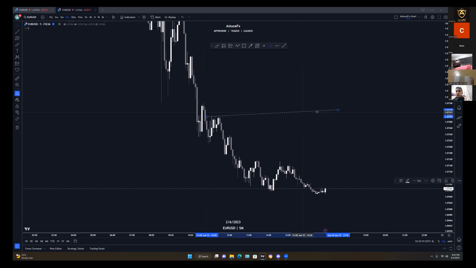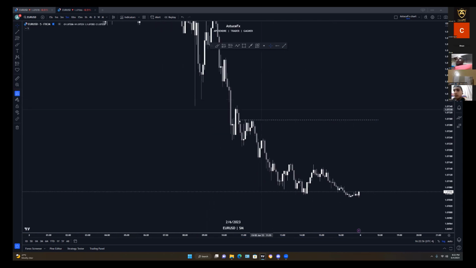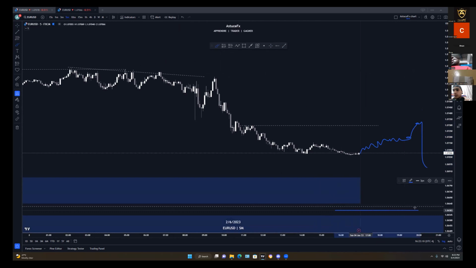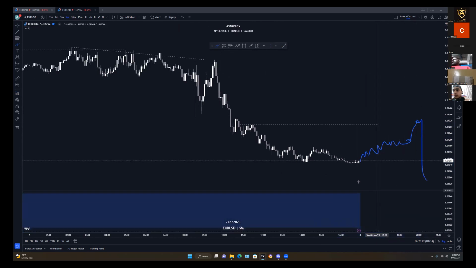Let me extend this here. Took liquidity, broke structure, left internal liquidity in sort of equal highs. So what might happen? Asia does something like this, New York rallies, mitigates the thing, gives a sell setup. Sell, and what you target is this guy, which actually is this guy down here.